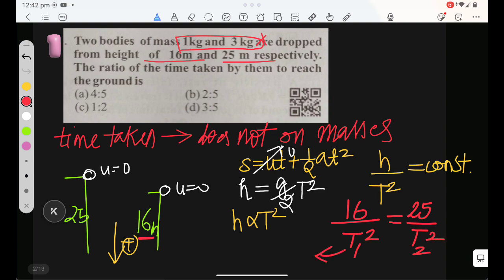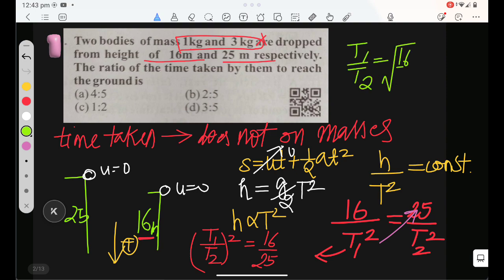Now solving this, moving the t to that side, you will get t1 by t2 whole square as 16 by 25. So from here easily you can say that t1 by t2 is going to be root of 16 by 25, that is going to be 4 by 5. So 4 by 5 is our answer. Option A is the answer.